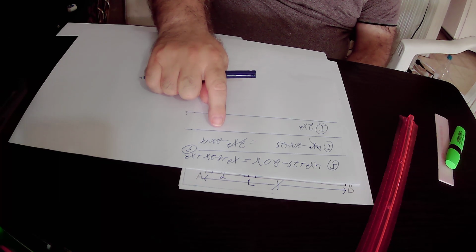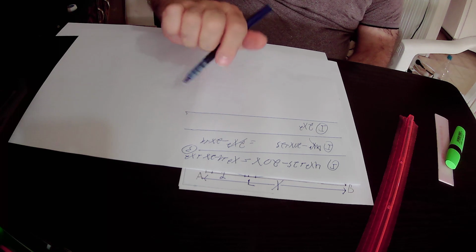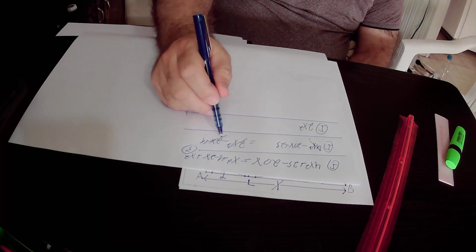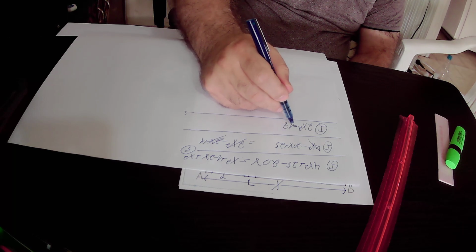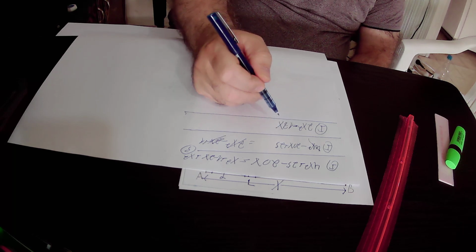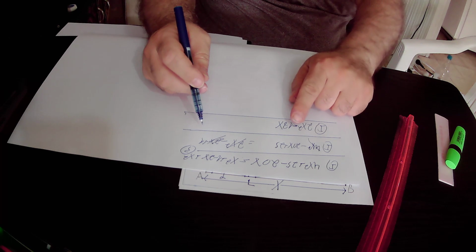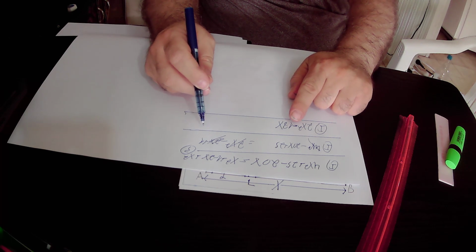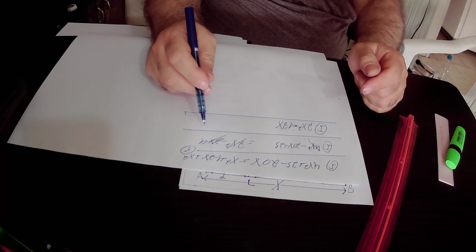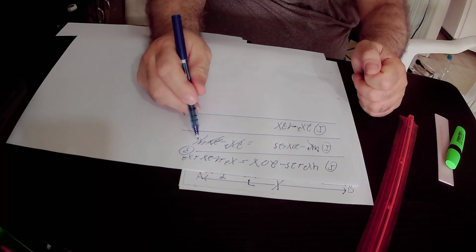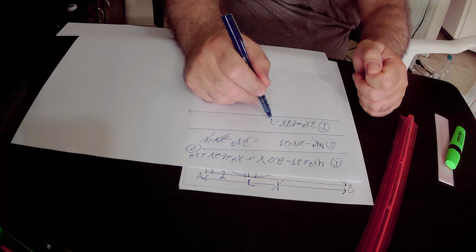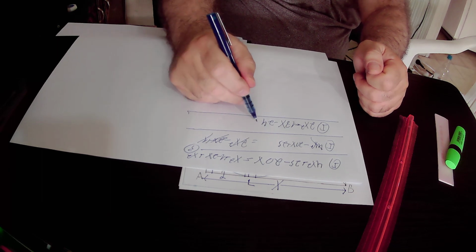So 2x minus 2x is 0, and minus 20x plus 2x is minus 18x. And here we have 25, and on the other side we have 1, so we subtract 1 from equation number 1. So 1 minus 1 is 0, 25 minus 1 is 24. That is equal to 0.